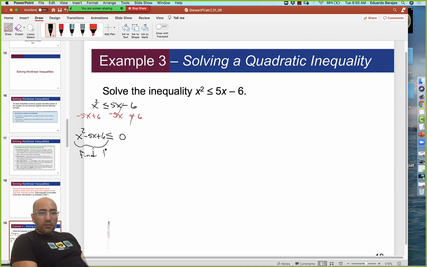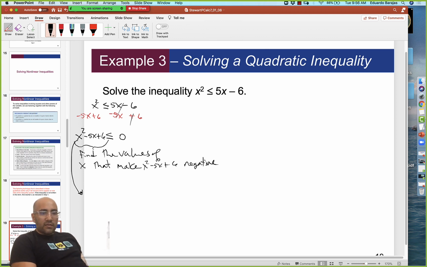Find the values of x that make x squared minus 5x plus 6 negative. Right? That's what this statement is asking. What values of x produce a negative number? Okay, so to do that, we're going to factor it.